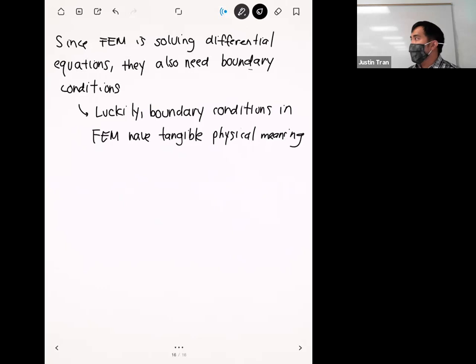Even though they take a physical form for finite elements, they serve the exact same need as what we just did in the previous example: they allow you to find a complete solution to the differential equation. It's just that for finite elements, it becomes a little bit nicer.